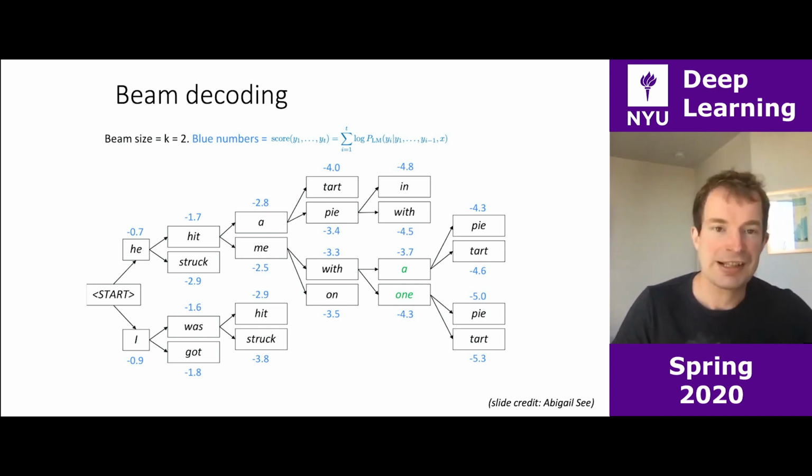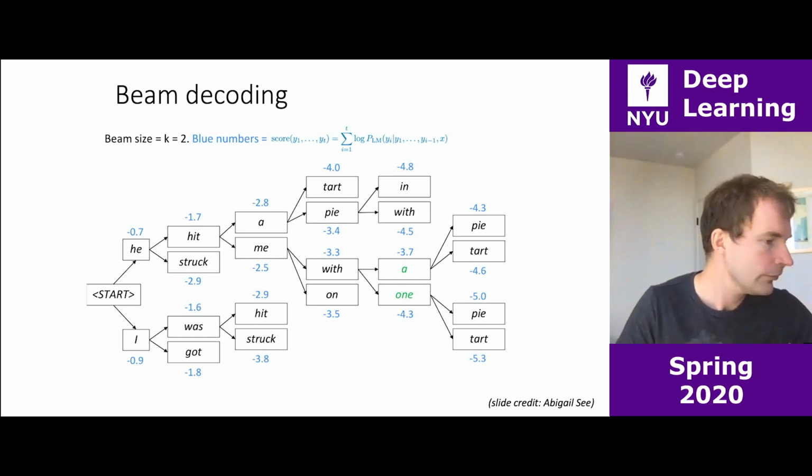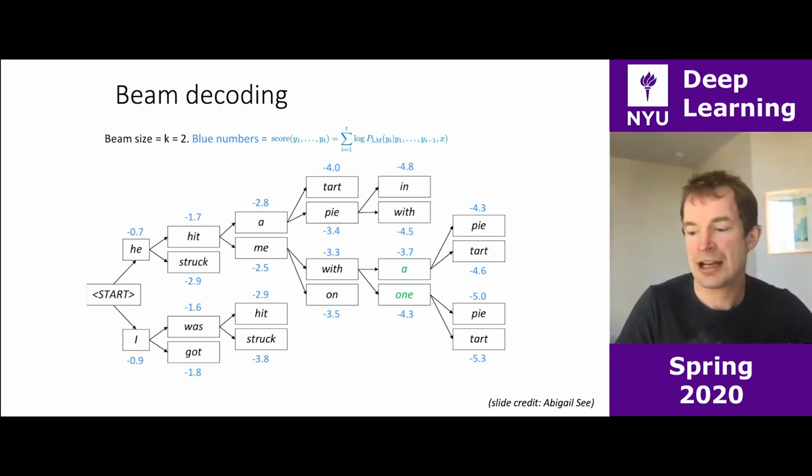Beam search is good in the sense that it's guaranteed to give you a higher scoring hypothesis than the greedy search I mentioned on the previous slide. But there's a catch here, which is that at training time, we're typically not using a beam.